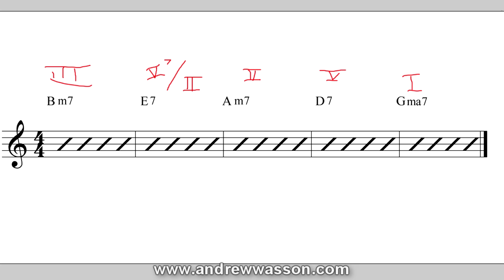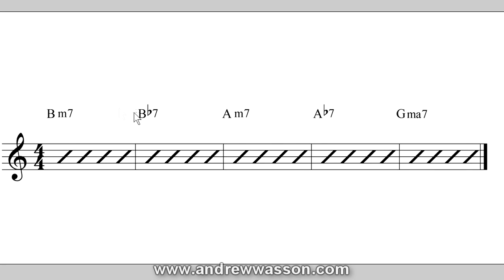So let's go to the next diagram, and here you can see what happened. We went from our 3 chord over to a flat 2 dominant 7th of the 2, so flat 2 7 of 2. So that's the application of our flat 5 substitution.